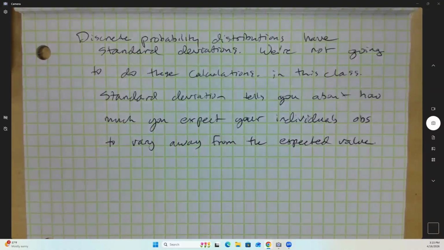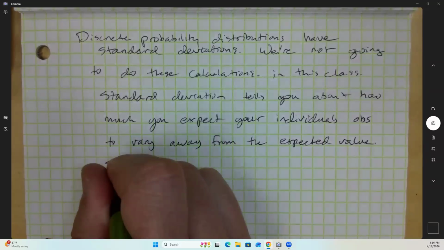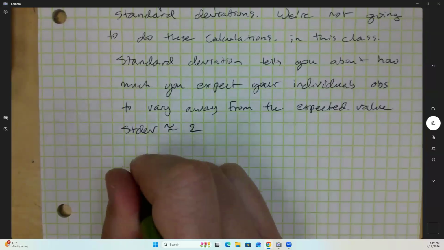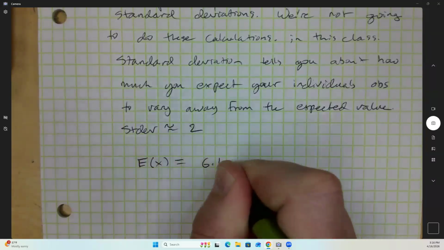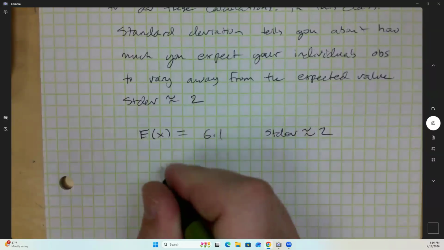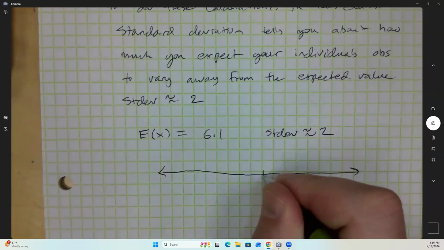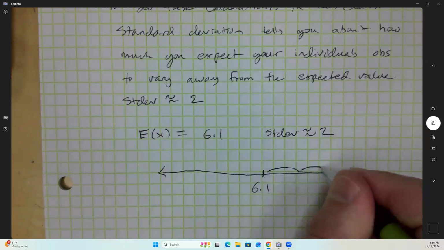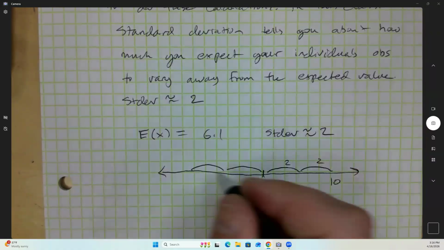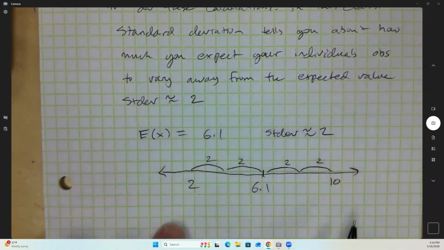I should have pre-computed the standard deviation for this, but I didn't. I think I did it before. It was something like 2. The standard deviation was approximately 2. So if we take our expected value, which was 6.1, and our standard deviation, which was about 2, and we think about this on a number line, here's 6.1 in the middle, a step size of 2 to either side takes us between about 2 and about 10.